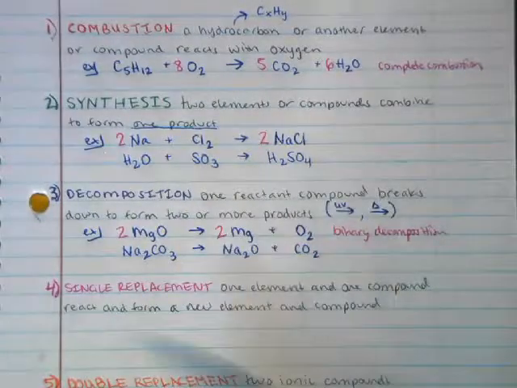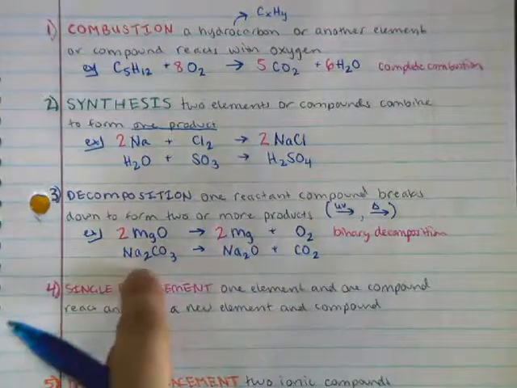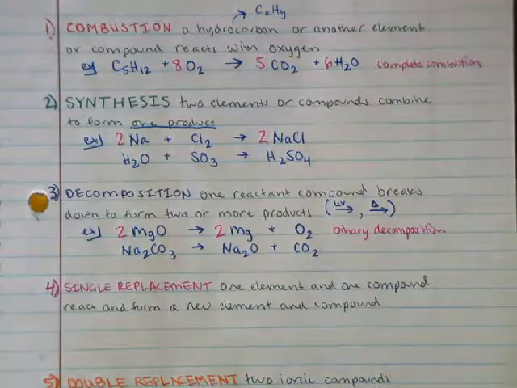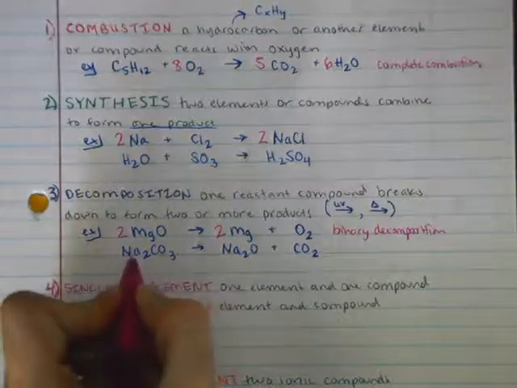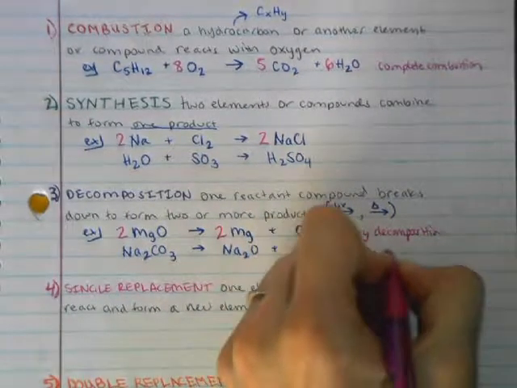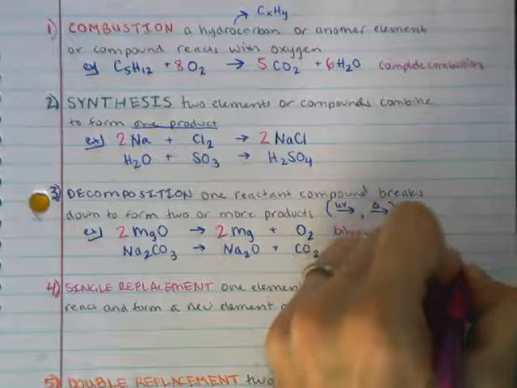Again, I don't need you to be able to predict that right now. Just be able to look at this pattern and go, oh look, I've got one thing breaking down into 2 or more things. It must be decomposition. So this compound right here has 1, 2, 3 different kinds of elements. That makes it a ternary decomposition reaction. And that will be important to note later.